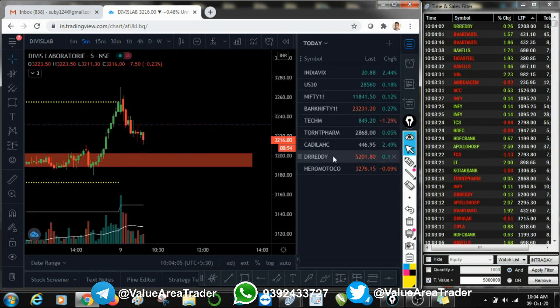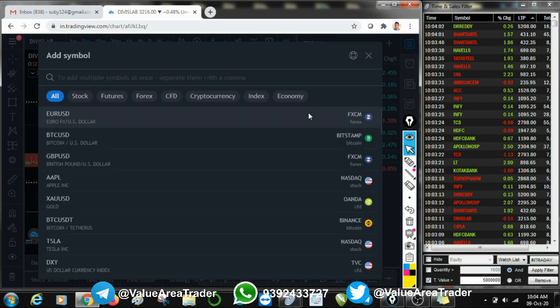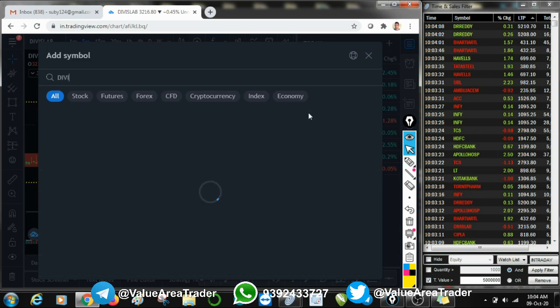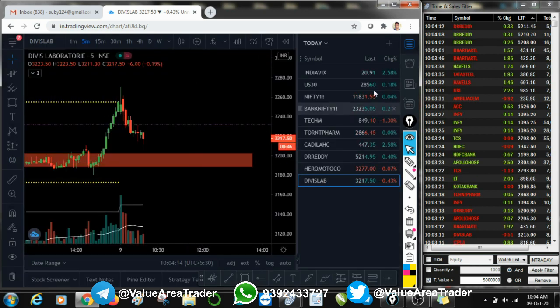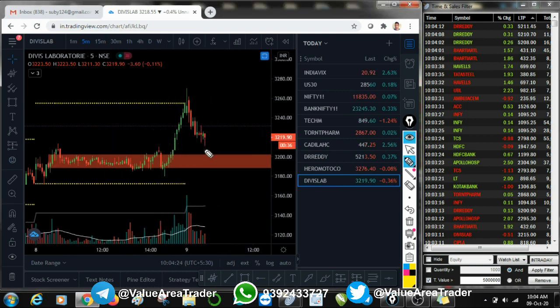So we will also add Divis Lab NSE. Okay, now we have Divis Lab. You can see we have two sell trades, in Dr. Reddy and Hero Motoco, and we are looking for a buy trade in Divis Lab. Let it come back.